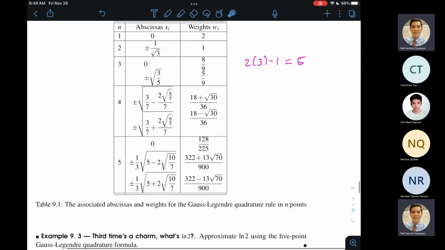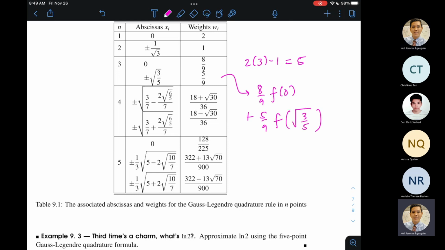So if you are integrating, or if you want to approximate an integral over the interval -1 to 1, pwede nyo itong gamitin. So you'll have 8/9 f of 0 plus 5/9 f of root of 3/5 plus 5/9 f of negative root of 3/5.